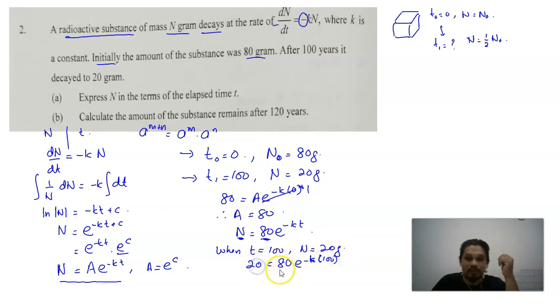Then 20 divided by 80, which is 1 over 4, equals e to the power of negative 100k.